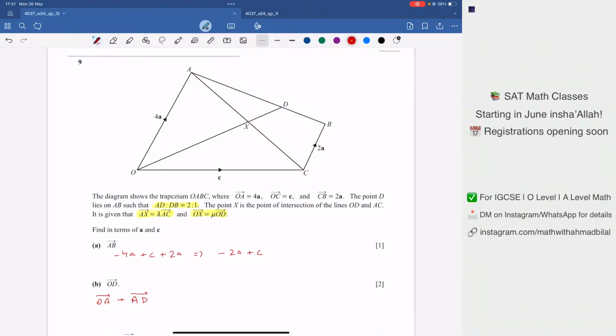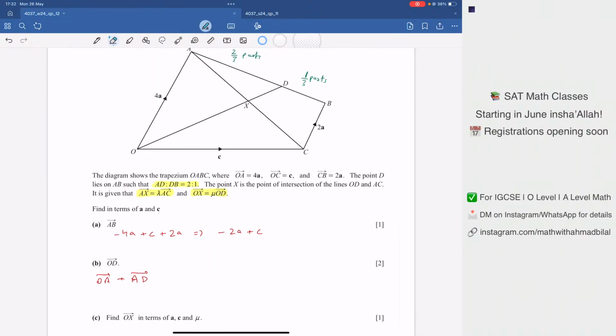So if this is 2 parts, then this is just 1 part. That means if the total is 3 parts, AD is 2 out of those 3 parts, and DB is one out of the 3 parts. Okay, AD is 2/3 and DB is 1/3. So AD is 2/3 of the total.